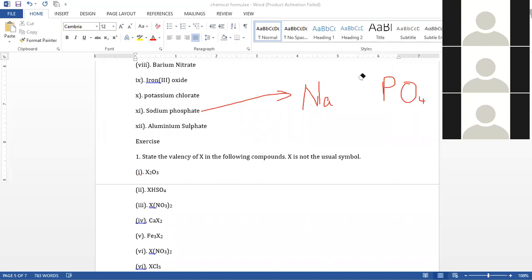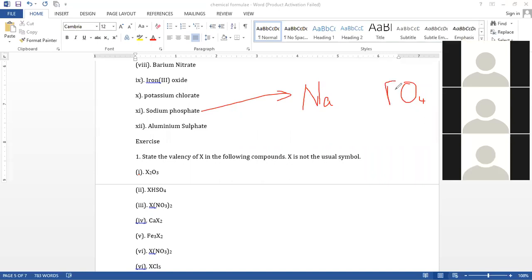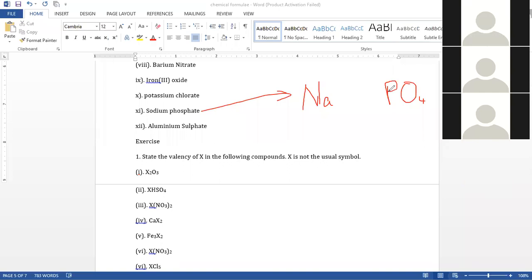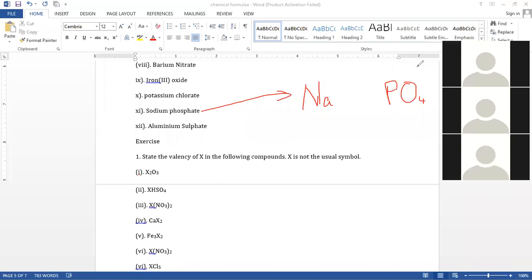What is the valency of a phosphate? You can raise your hand or unmute yourself and speak. Someone has said 3. Can I get another person to agree or disagree? Phosphate, Shona? 3. How about for sodium? What is the valency of sodium? 1.